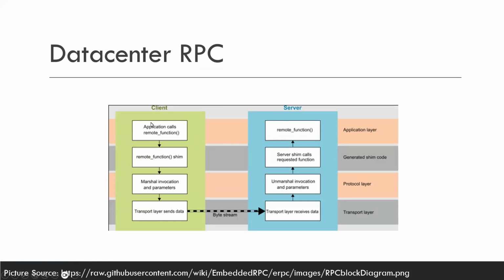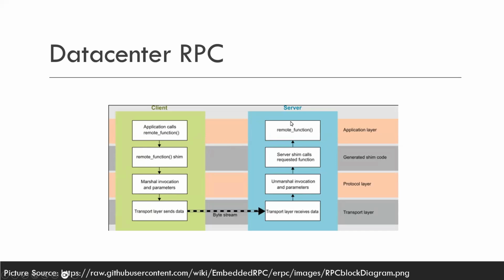The logic here is very simple. When an application client tries to call a remote function on the server side, it makes a call, then marshals it, and transfers it to the transportation layer. It could be CXL, it could be Internet, it could be Wi-Fi, anything.